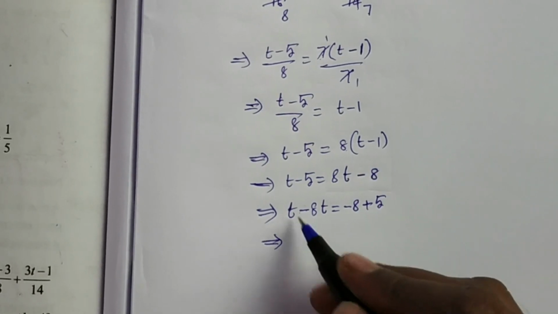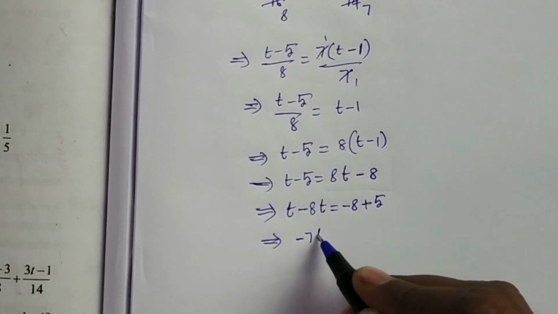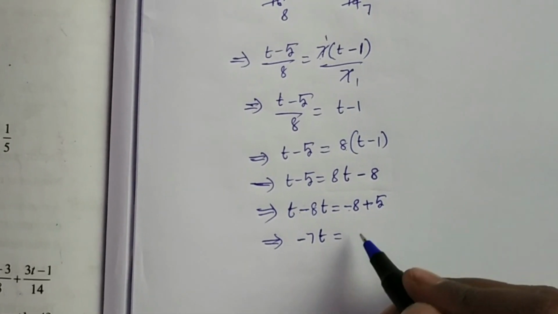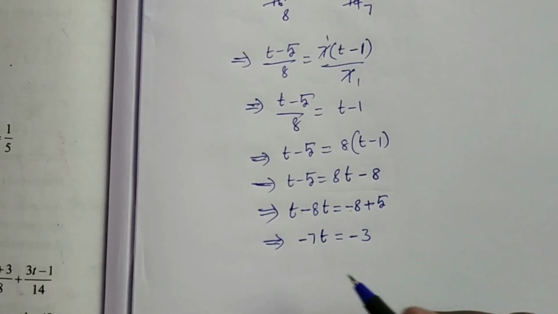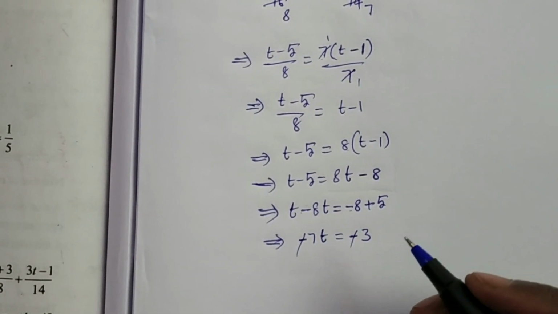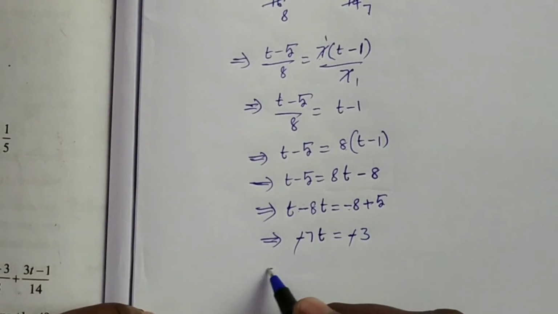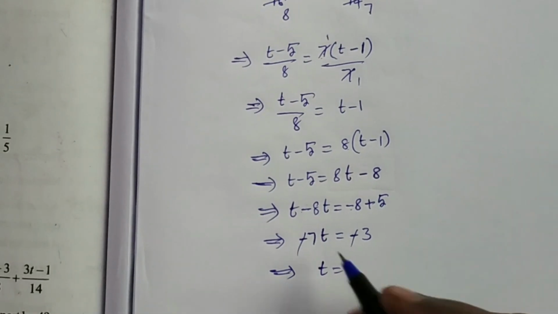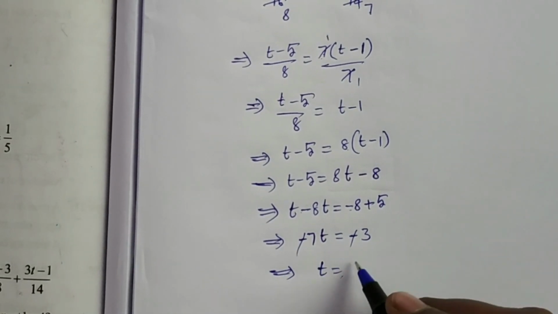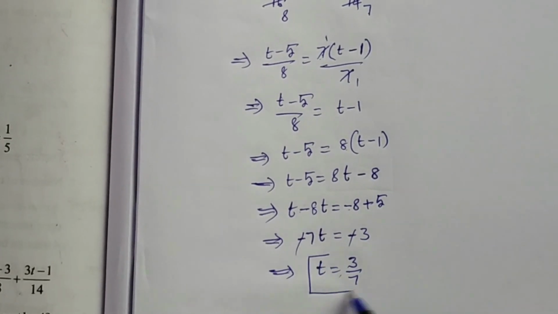T minus 8t will be minus 7t, is equals to minus 8 plus 5, that is equals to minus 3. So minus minus cancel. So t is equals to, send 7 that side, so it will divide 3, so that is 3 by 7.